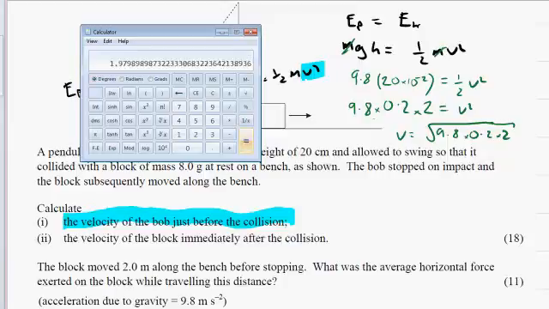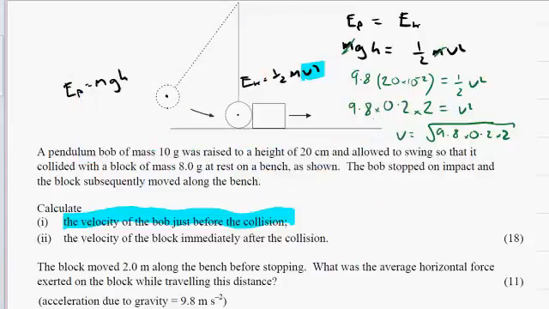Okay, and we get a velocity of 1.979. I'm just going to round that up to a velocity of 2 meters per second. So v is equal to 2 meters per second. So we've got the first part done. That was an easy enough question.